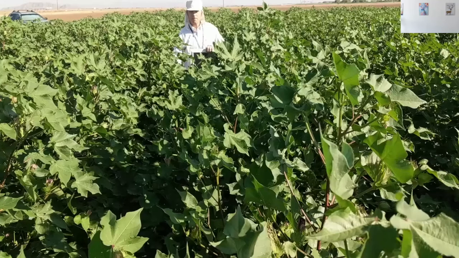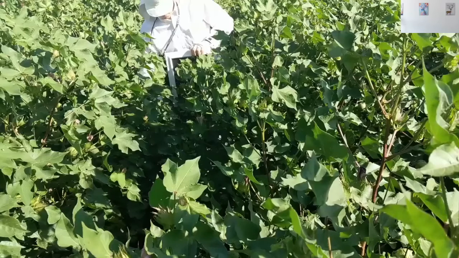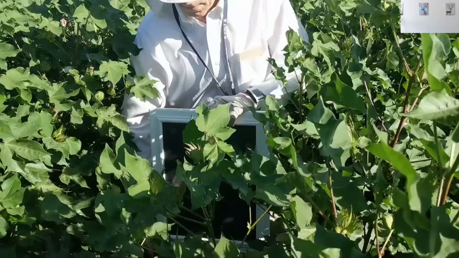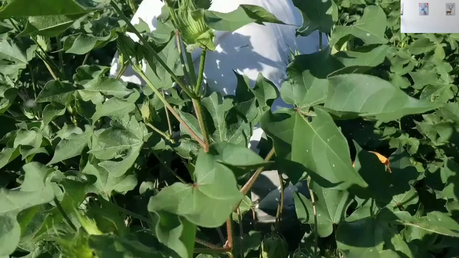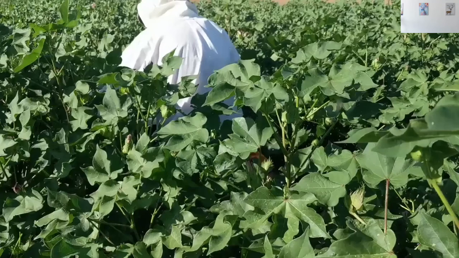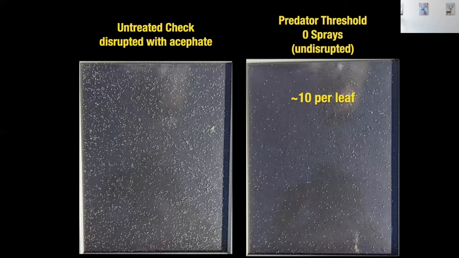But how about whiteflies? Here's a video of Peter walking a 12-row whitefly plot. He's holding a picture frame that got sprayed with canola oil to see how many whiteflies he could get on the frame by walking different treatments. And these are the results.